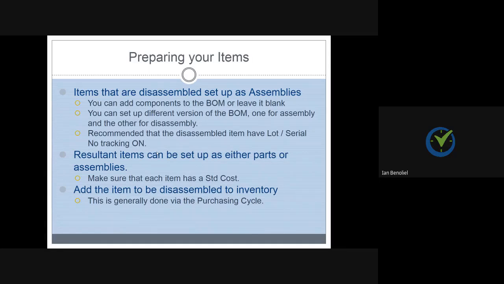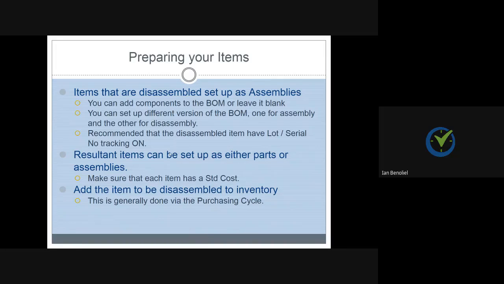So in preparing your items to be part of this workflow, there's a couple of best practices here. The first thing is the item that you're actually disassembling should be set up as an assembly, because it needs a place potentially for components.